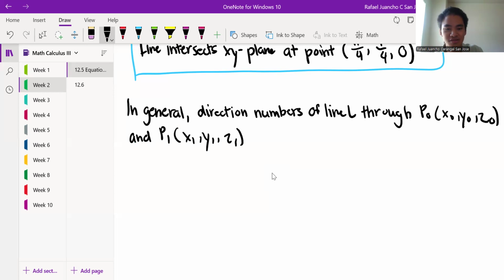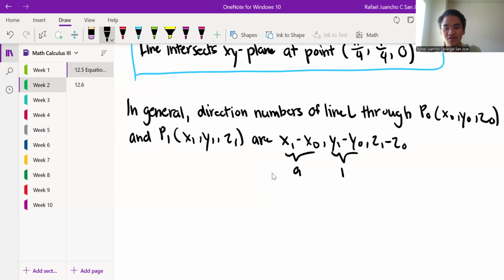I know math is not creative. They're basically the difference of those 2 points: X1 minus X naught, Y1 minus Y naught, Z1 minus Z naught. And these are A, B, C. A is X1 minus X naught, B is, you get the idea.